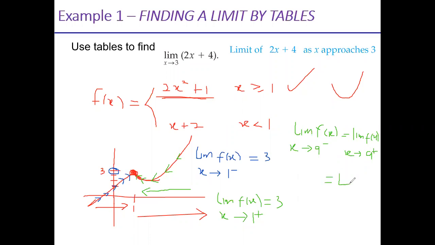It means that the limit will exist and is equal to a certain value, say L. Okay, so in this case, we have the limit of f of x as x approaches the value A minus is equal to the limit of f of x as x approaches the value A plus, which is equal to 3 in value. Okay. Very good. So that is what the rule seems to demonstrate.